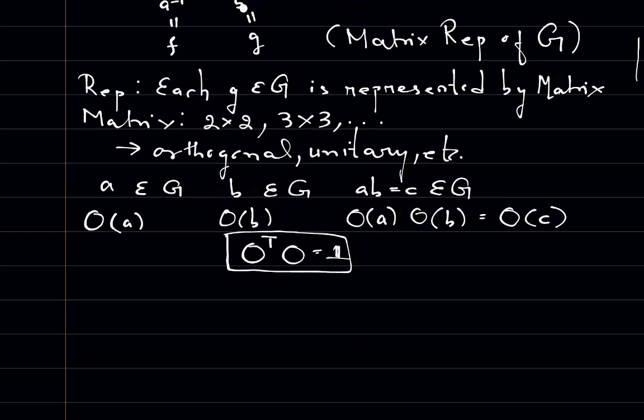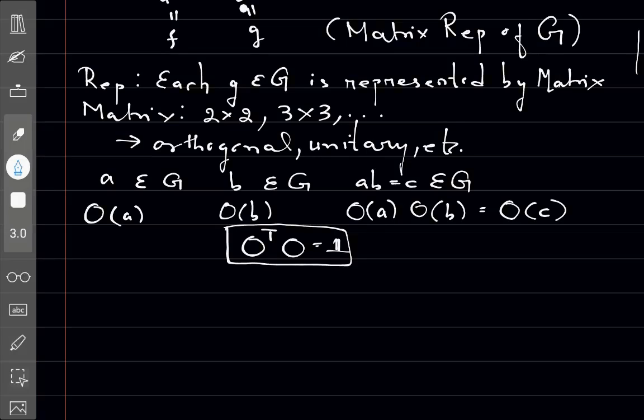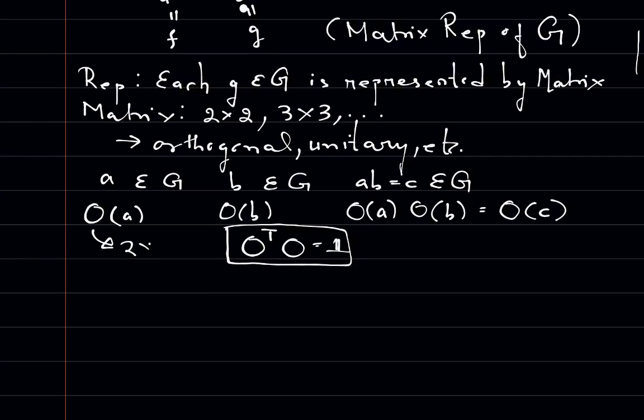So you can have a unitary representation. For example, consider these matrices are 2 cross 2. You can also have 3 cross 3 matrices that represent the group elements of G, and interestingly in 3 cross 3 all these matrices are denoted in this way. Now why am I writing U?